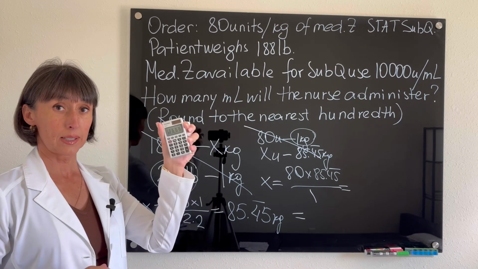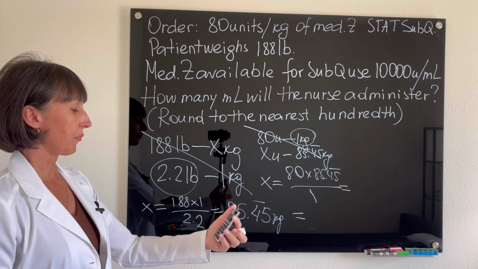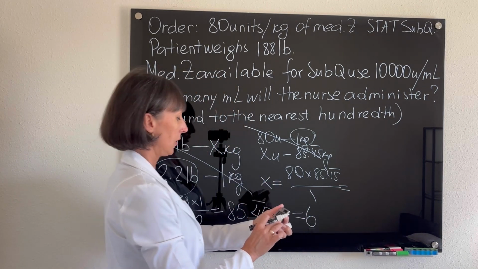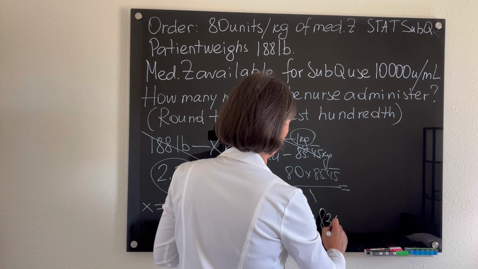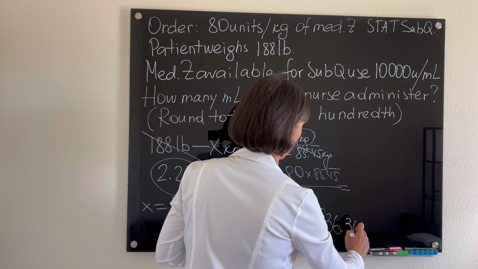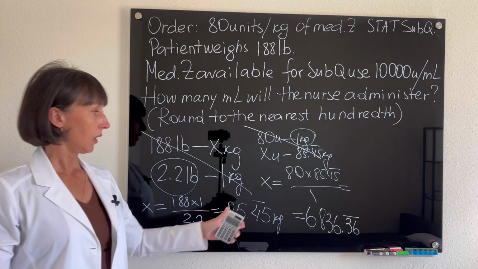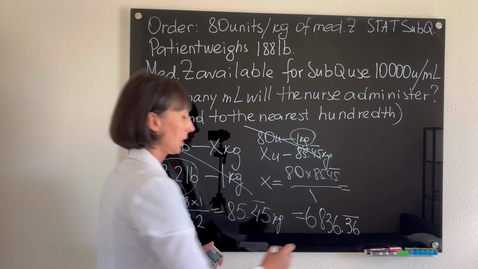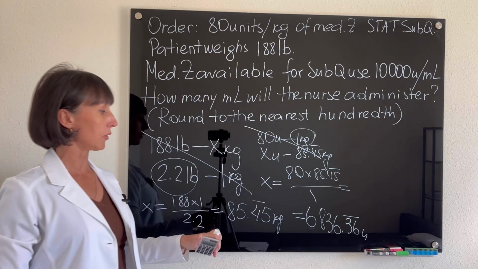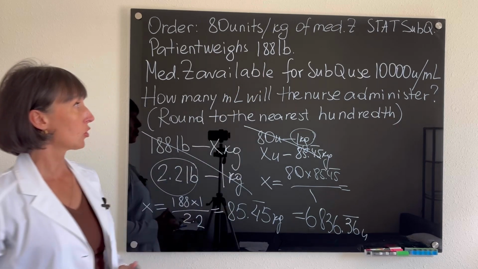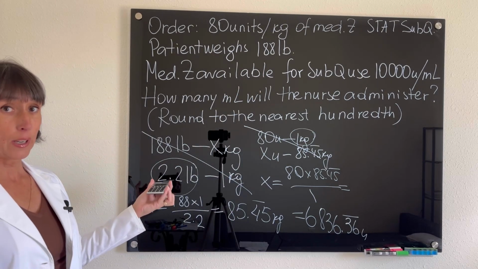And I get a big number here, 6,836.36 repeated. And I found units, right? My X was under units, so that is how many units I will administer to this patient who weighs that much. Okay, so far so good.